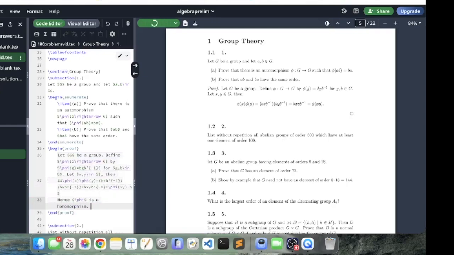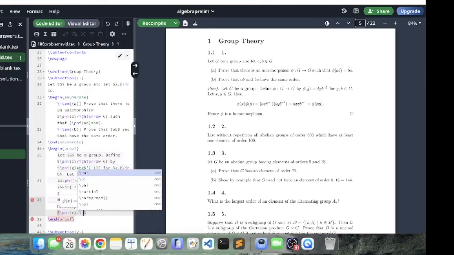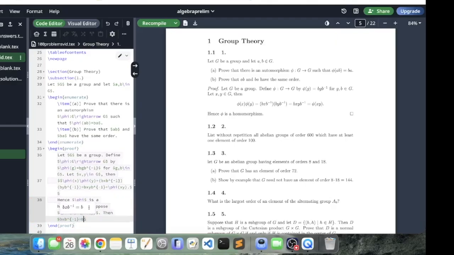So one thing down. We'll do injective next. Suppose phi of x equals phi of y. Then we have that B x B inverse equals B y B inverse.